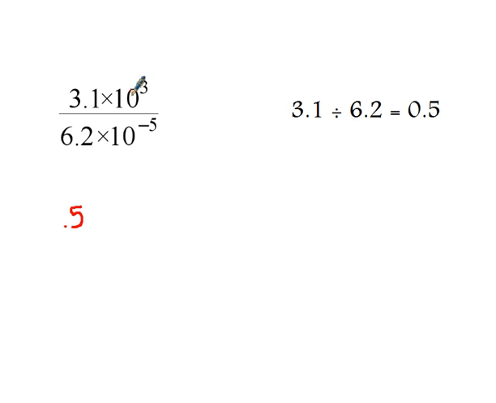And 10 to the 3rd divided by 10 to the negative 5th is going to be 10 to the 3 minus negative 5.